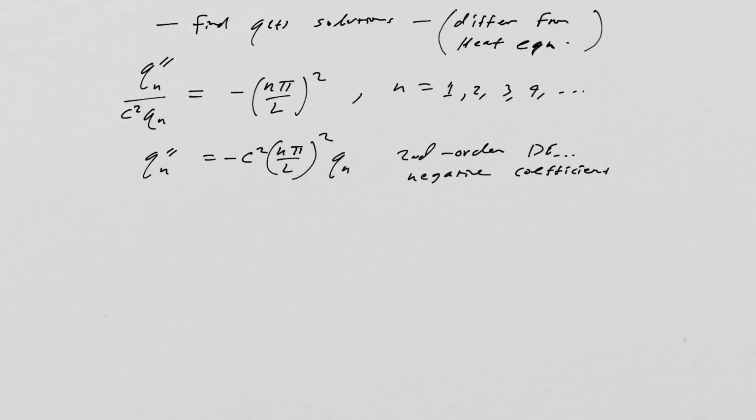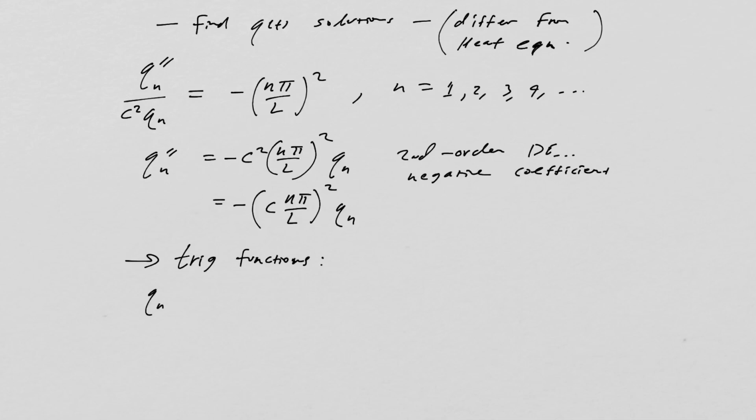One thing we can do is merge this coefficient together. Clearly we're asking what types of functions, when you take their second derivative, are proportional to themselves times some constant squared and negative, and the answer, of course, is trigonometric functions.